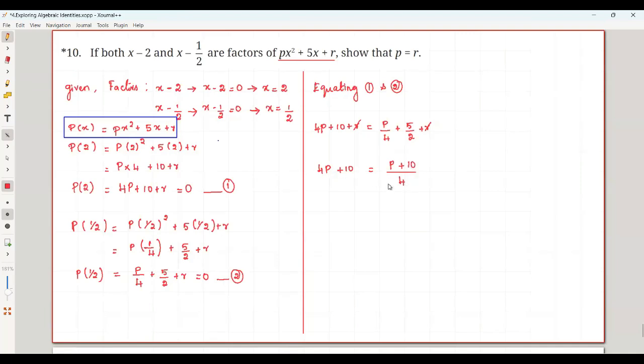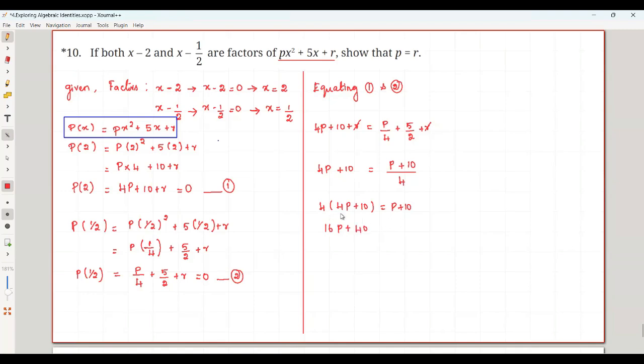Next we can do cross multiplication, take this 4 to this side. So 4 into (4p plus 10) is equal to p plus 10. Multiplying 4 with 4p gives 16p, plus 4 into 10 is 40.